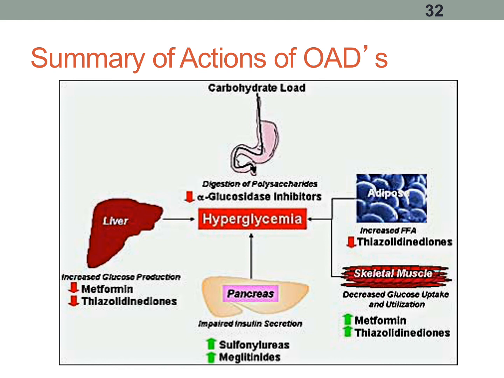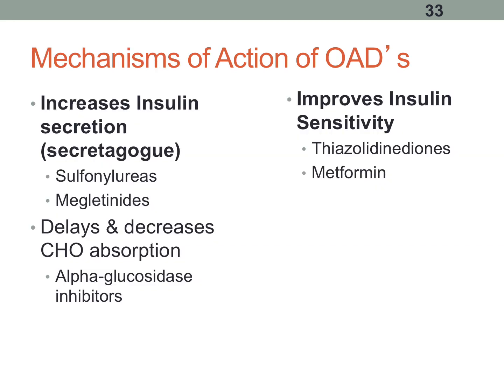And the last one that we just talked about, decreasing absorption of the polysaccharides by interfering with their digestion through the alpha glucosidase inhibitors. All of that can be used to address hyperglycemia, and these are the drugs that we've talked about so far.